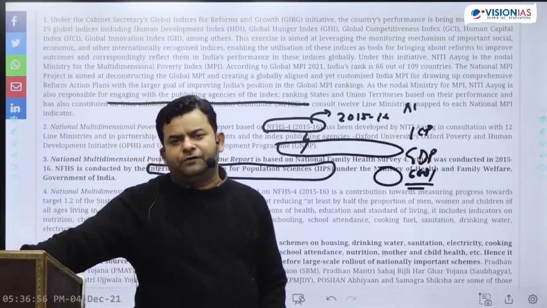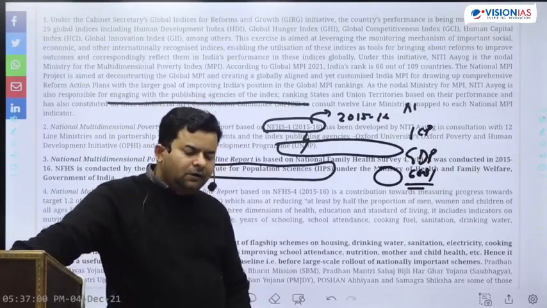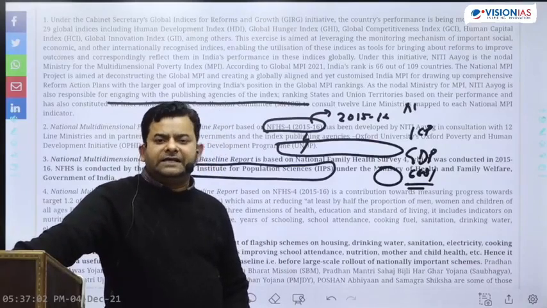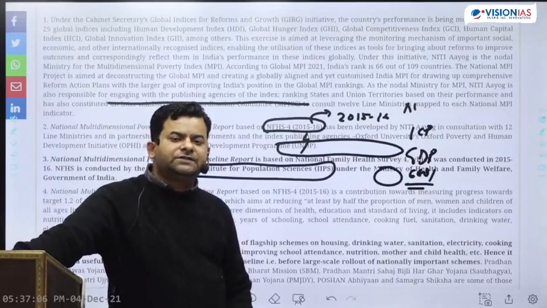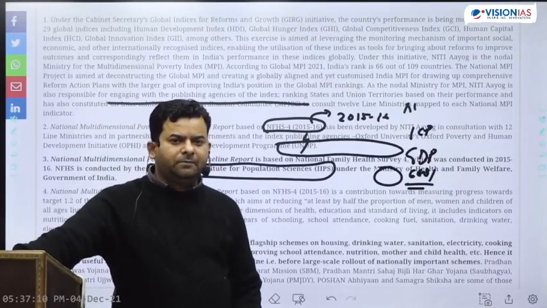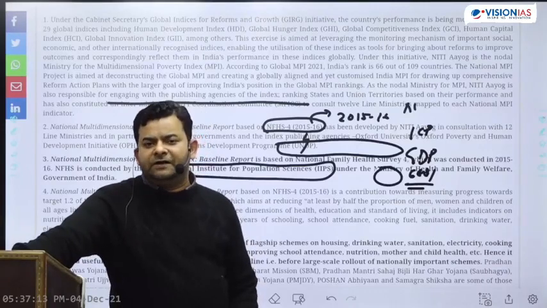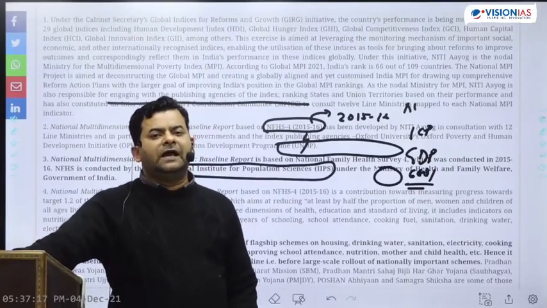Then the next one is ICSID, the International Centre for Settlement of Investment Disputes, working since 1966 with 154 members, and India is not a member of it because we believe that their terms of settlement are Western oriented and help the developed countries.